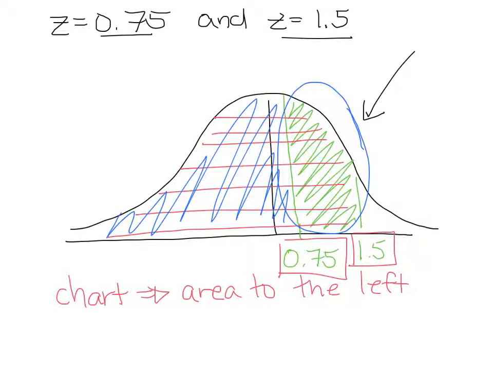So now let's look at the chart that they give us and see if we can figure out what we're going to find. The first value is z equals 1.5. What we're going to do is scroll down this side until we find 1.5. And then we're going to look at this one as 0.00.